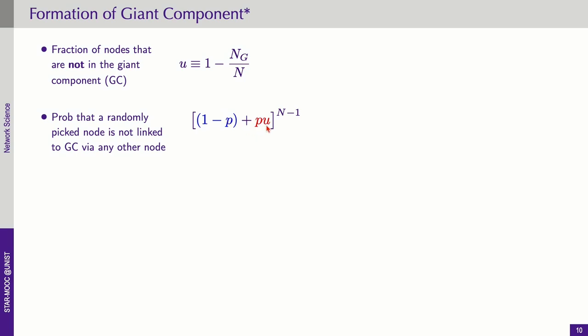So by requiring that the random node either fails to connect to a partner node or connects to a node only when the partner node is outside the giant component, this requirement should be satisfied for all the other n minus 1 potential linking events, right?